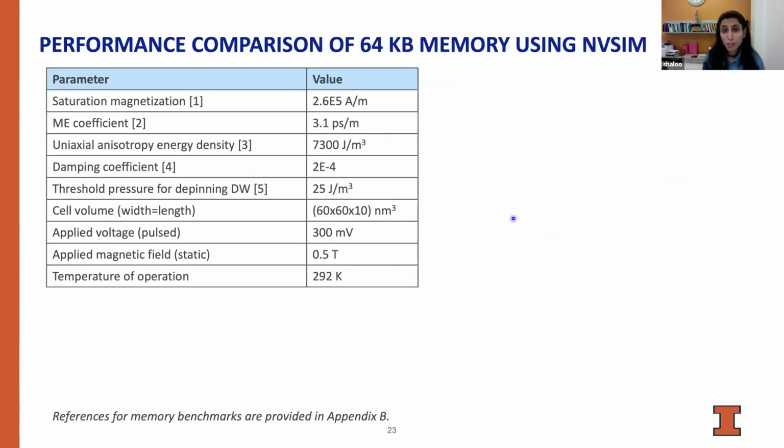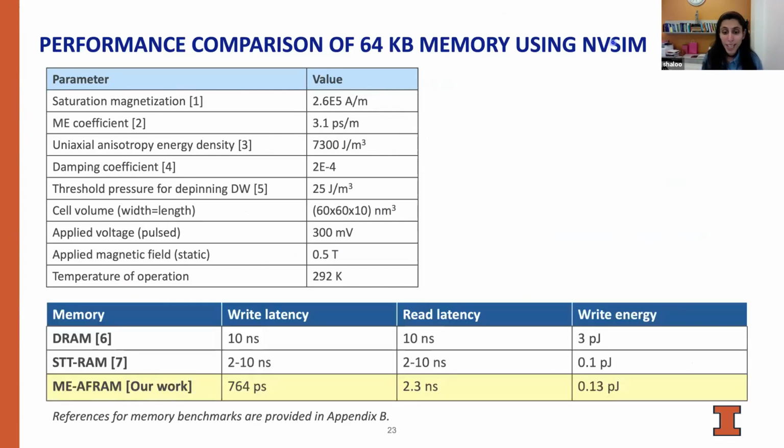So we also looked into the array level analysis using this tool called NVSim, which is basically a standard evaluation tool for emerging memories. I'm not showing you what goes on in the tool, but what it does is it allows us to benchmark arrays like 64 kilobyte memory arrays against existing memory technologies. And what we find in this table at the bottom is that the magnetoelectric memory has competitive metrics compared to the other memory systems.